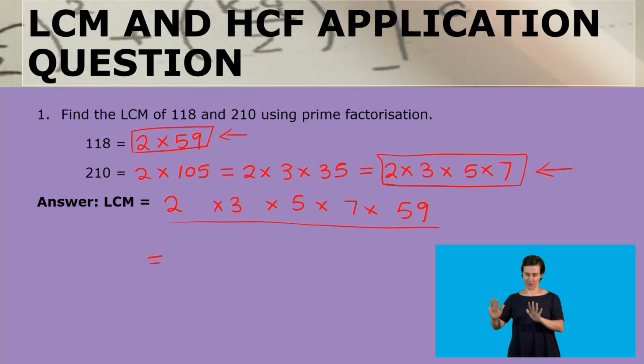So you are going to punch this all into your calculator, and then what answer do you get there? I'm pretty sure you already have an answer, and if you have 12,390, then you are absolutely correct. Well done to you.